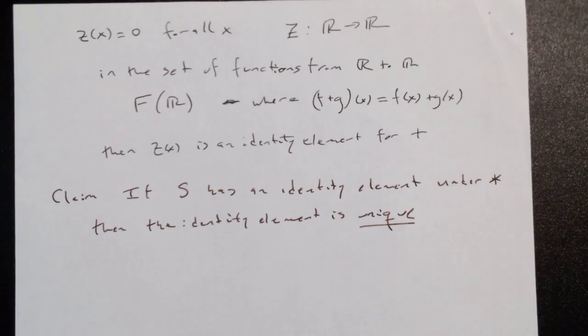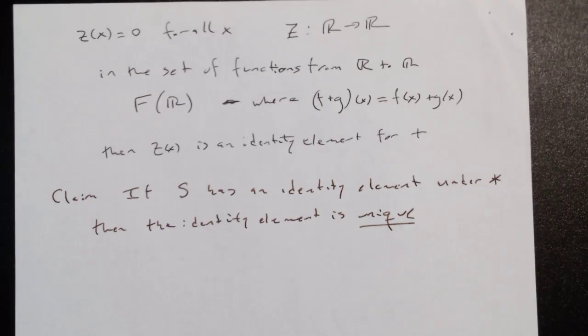I claim that identity element is unique. Crap. We did uniqueness proofs in discrete too. How the hell did we do a unique? I know that we did them.